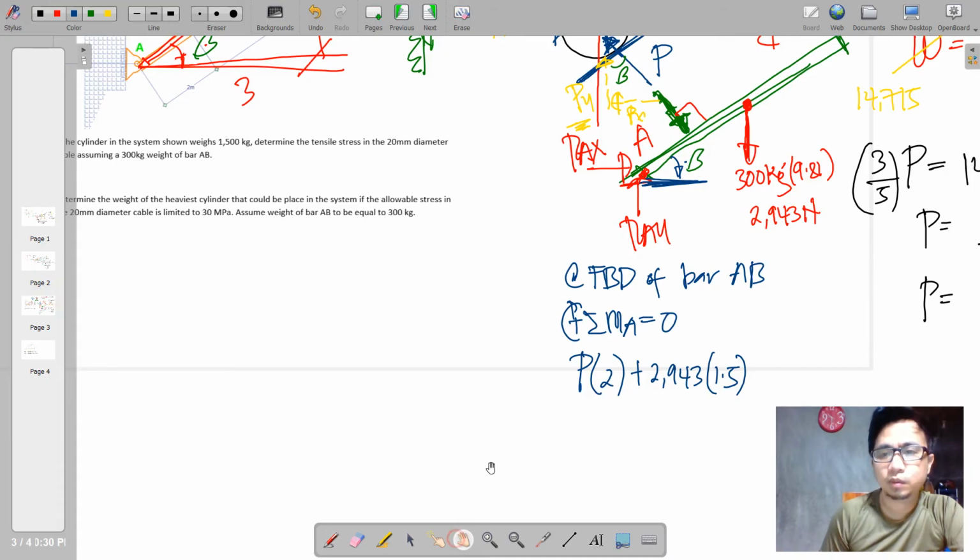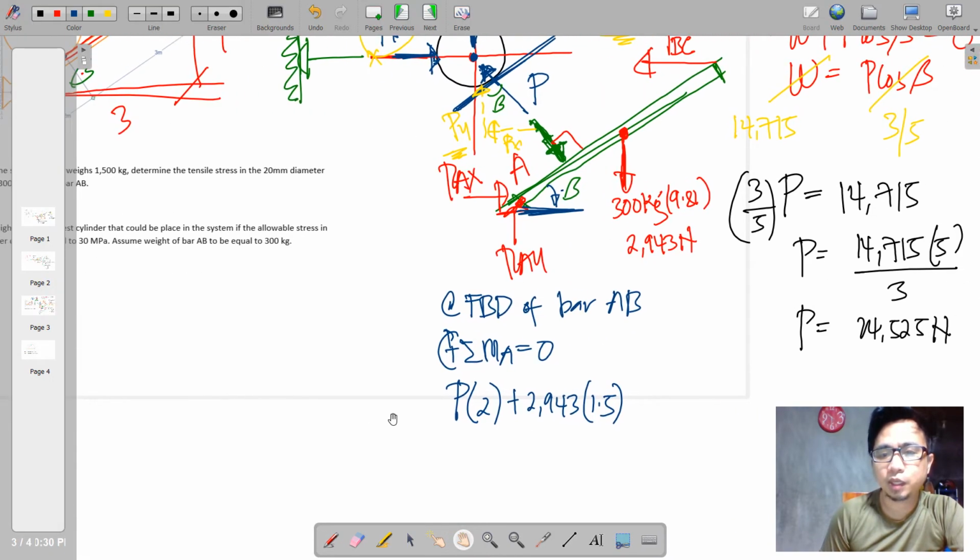And then TBC will go into an opposite rotation, so that is negative TBC times the moment arm, which is obviously equal to 4.